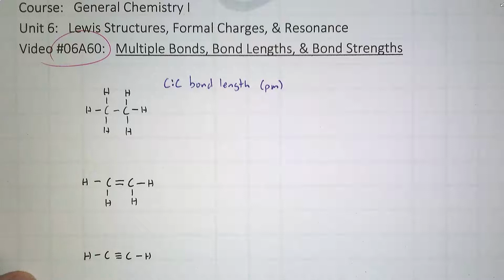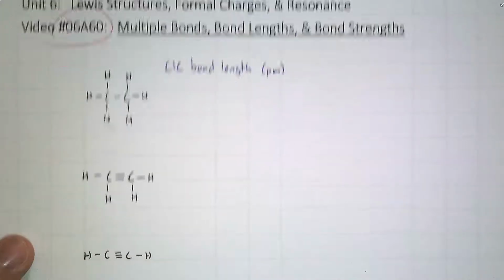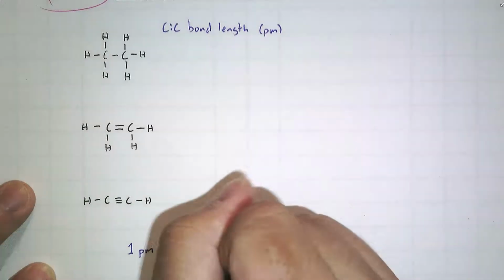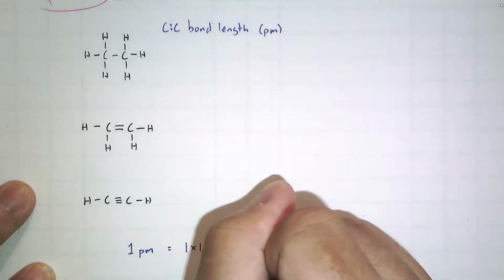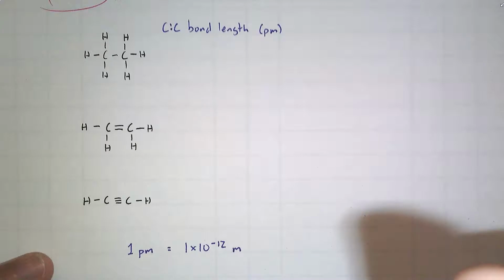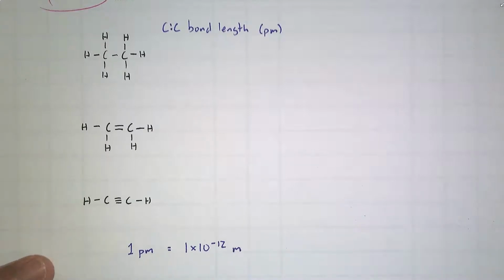Let me put it down here actually. 1 pm, 1 picometer equals 1 times 10 to the minus 12 meters. Okay. Smaller than a nanometer, smaller than an angstrom.